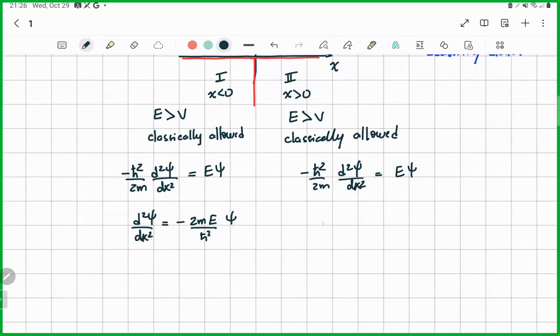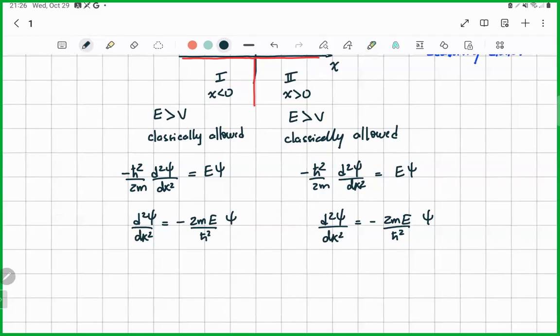Same thing on the positive side. Now what we always do, we are going to try to rearrange all of these constants, which are real numbers, mass, energy, h bar, in a single symbol squared. I'll call it k, so k squared.